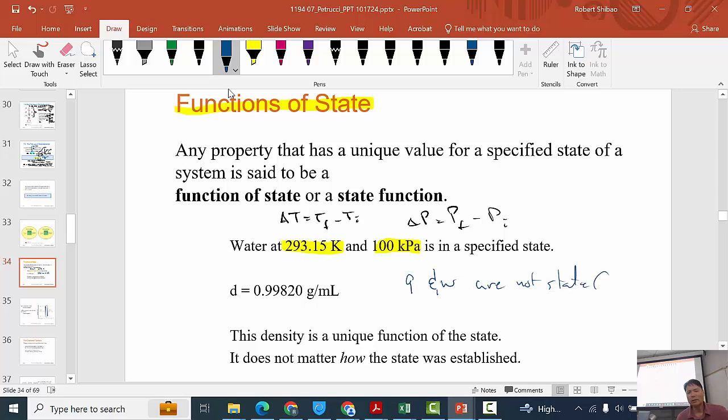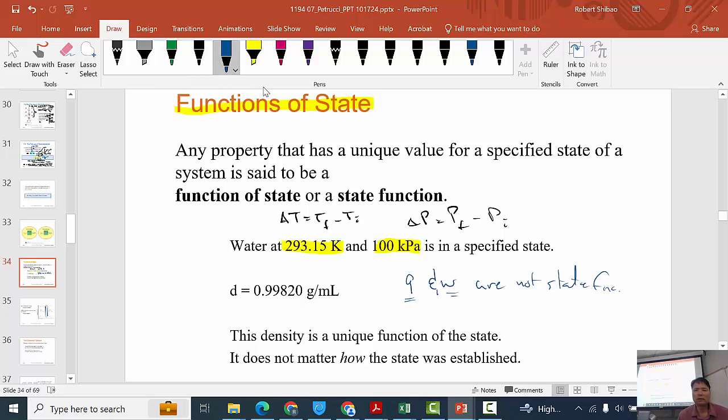And so what that means is that the amount of heat and the amount of work don't depend on the initial and the final state. They depend on how it was done, the transition between going from the initial to the final state, and we call that the path.